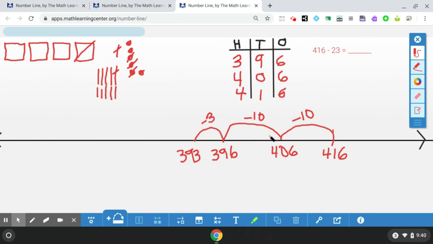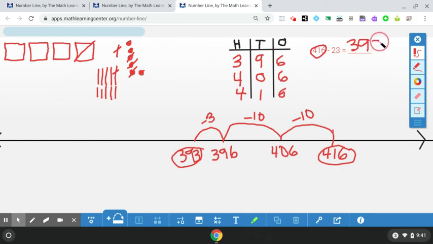So what I did now is I have my open number line. I started with my total. There's my total. I had to take away 23, 10, and this was the tricky part, 20, and then 3 more. And I came up with the difference of 393.